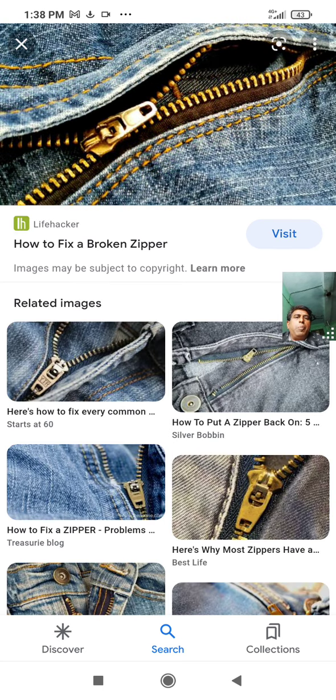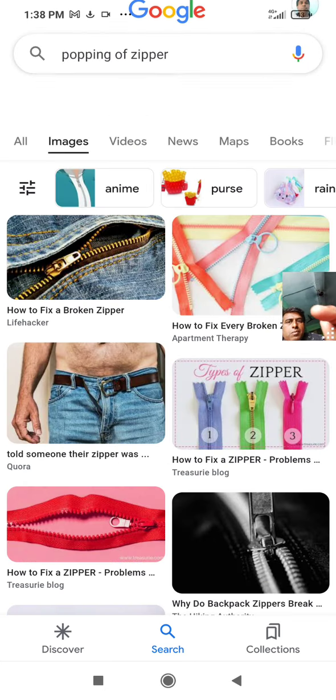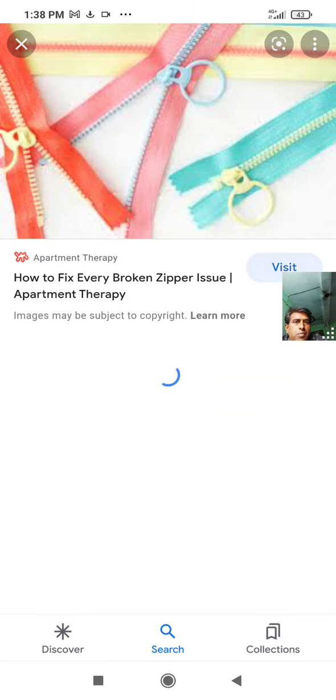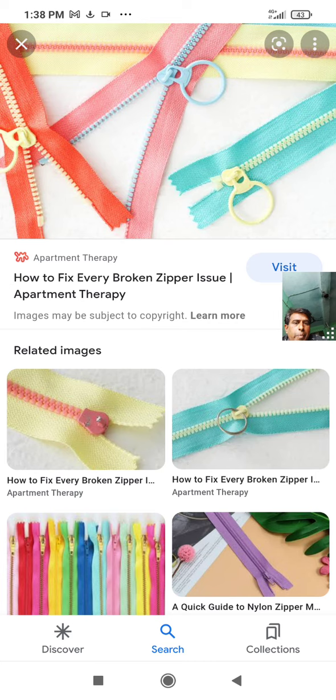You see, this is popping. So here we don't see popping. Popping means raised portion of a zipper.